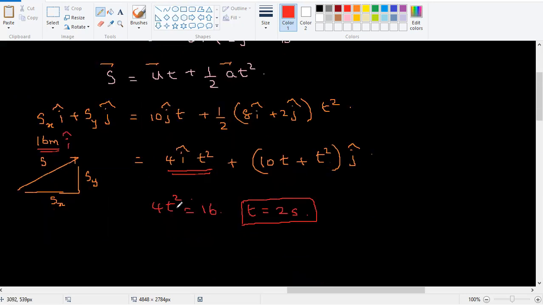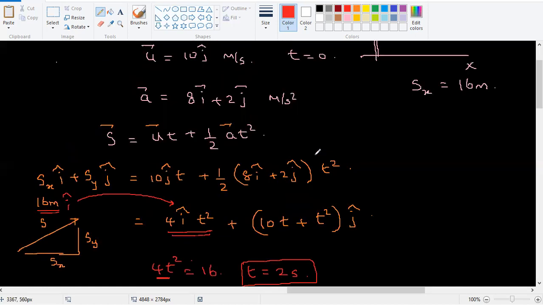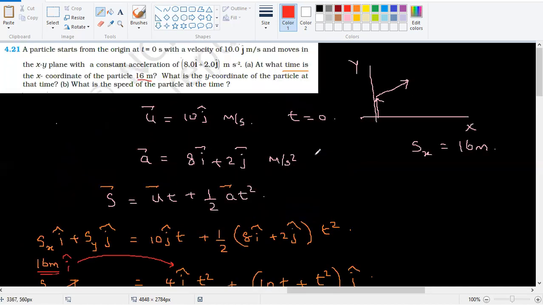So I'm equating the i's. Are you following what I'm saying? Whatever is the coefficient in front of i, 4t squared, is equated to 16. I didn't even worry about this one. I didn't ask you to find that. Do you agree?